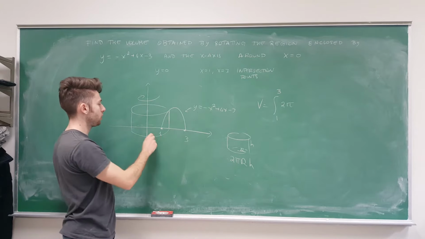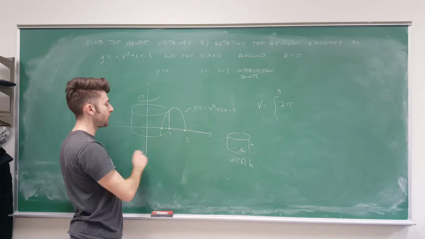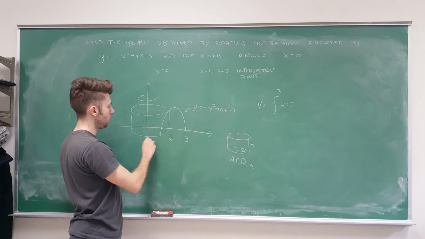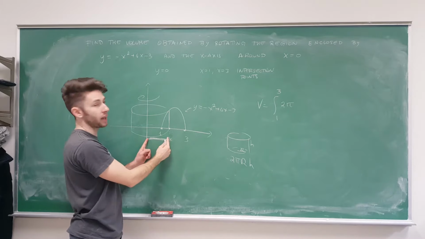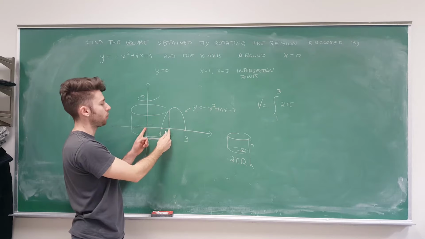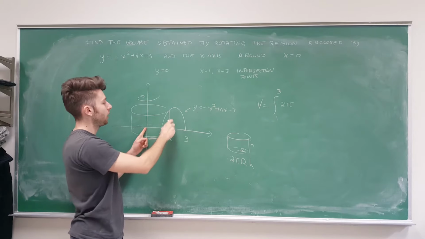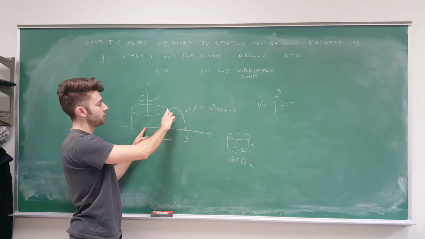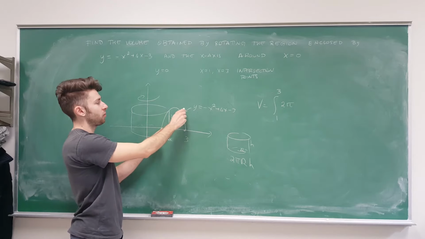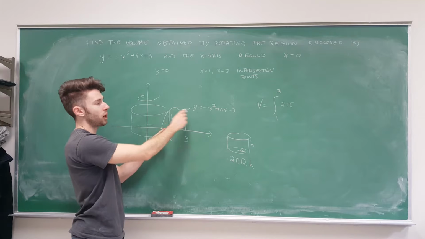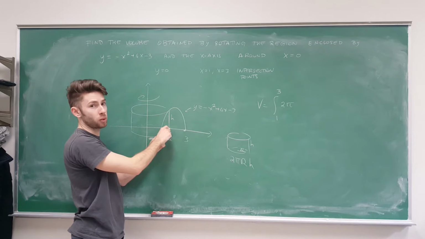Now in this picture, this is x. So x represents this length of the point where I'm considering the segment. This is the height, so it's given by the top function, which is the parabola, minus the bottom one, which is y equals 0.